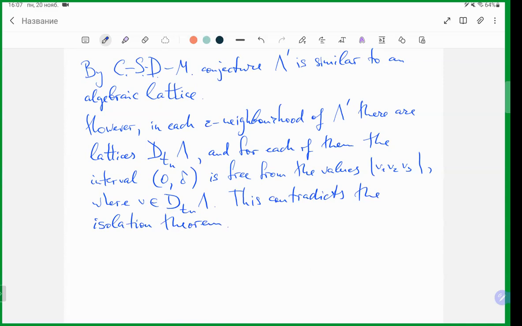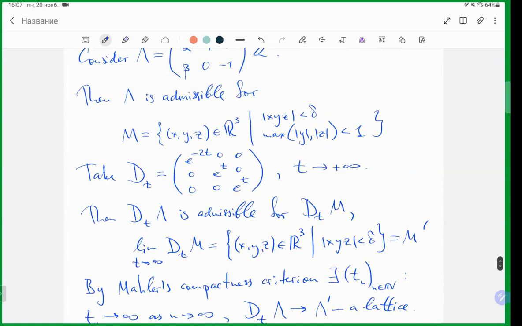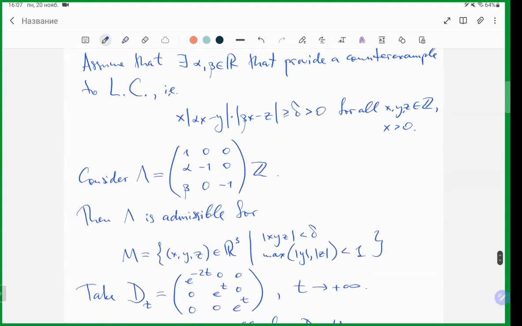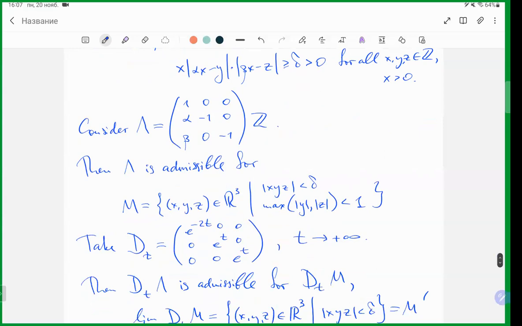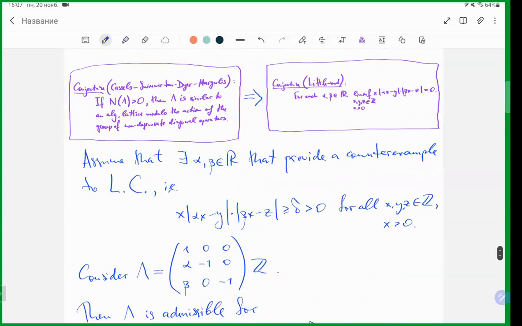Wow. This is the argument, and I actually didn't even have to draw the final picture that I had in mind, but everything probably is clear even without a picture, is it?